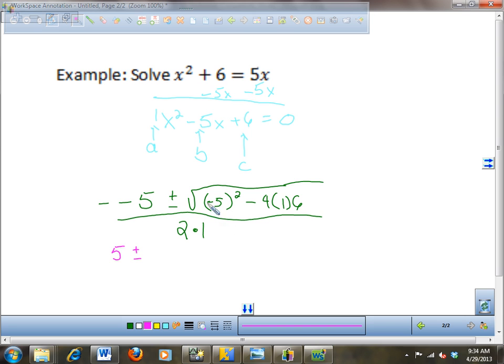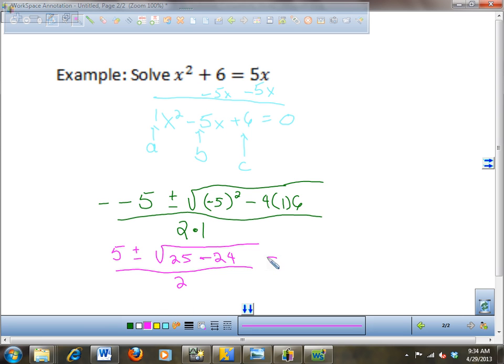That's why you have to remember to put that in parentheses, otherwise you're going to get the wrong sign and your answer is going to be messed up. So that's equal to 25, and then you multiply minus 4 times 1 times 6. What's 4 times 6? 24. That whole thing over 2 times 1, which is 2.